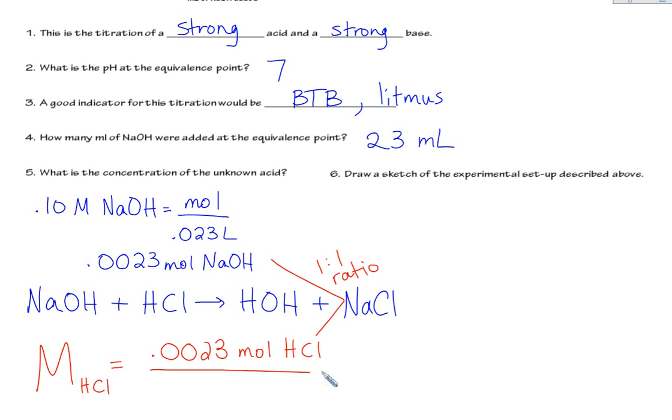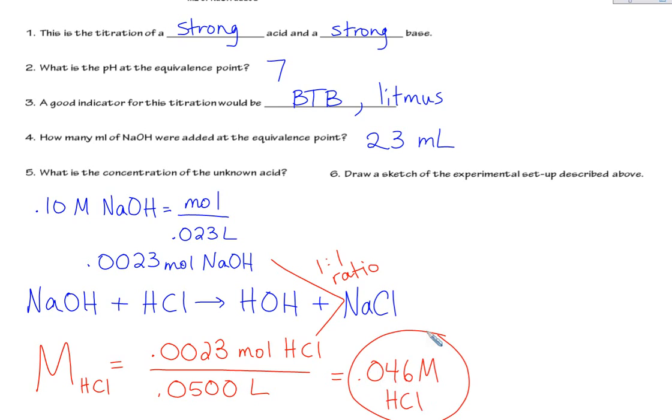They tell me that there were 50 milliliters of acid, or 0.0500 liters. So all I have to do is plug that in my calculator, and I would get about 0.046 molar HCl. There we go. The concentration of the unknown.